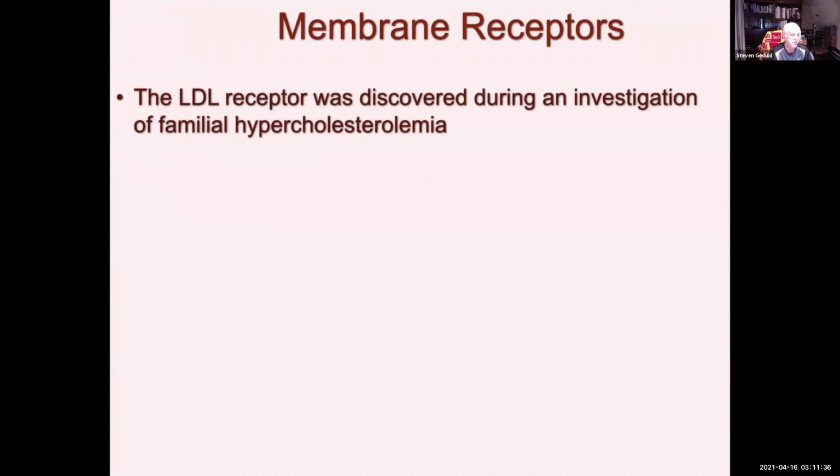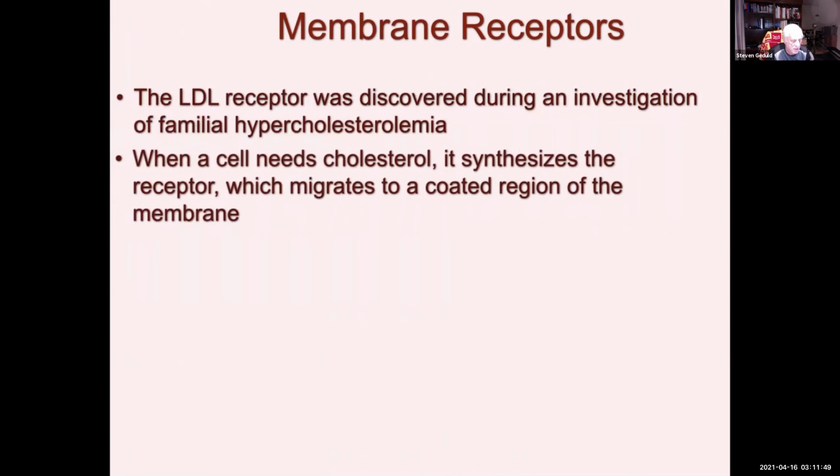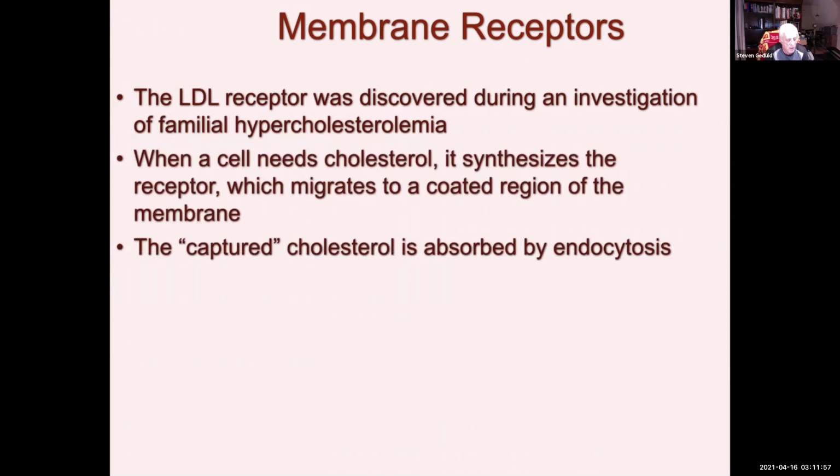The LDL receptors, low density lipoprotein receptors, were discovered in investigation of familial hypercholesterolemia. That's where your diet does not include cholesterol, but your body still makes a lot of cholesterol. So when a cell needs cholesterol, it synthesizes the receptor, which migrates to a coated region of the membrane. The captured cholesterol is absorbed by endocytosis, grouping it in as one thing and fusing the membrane.